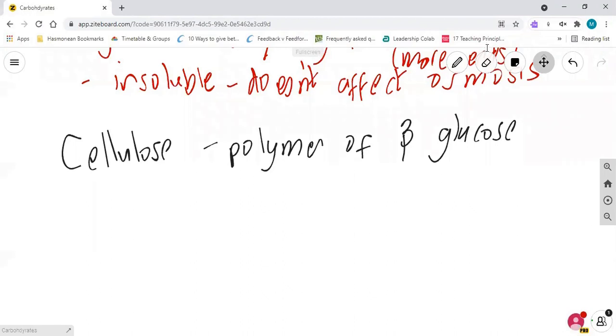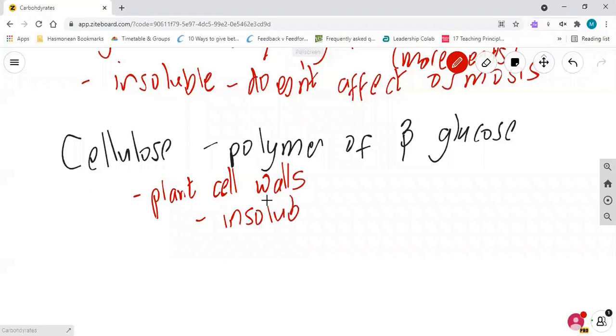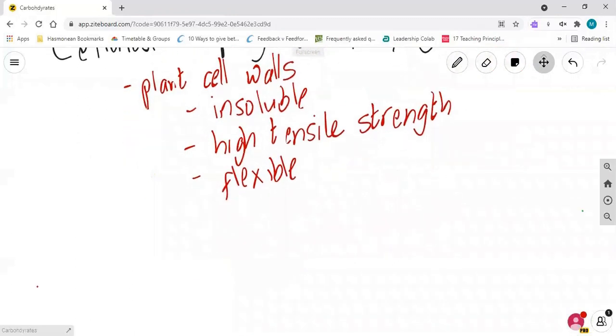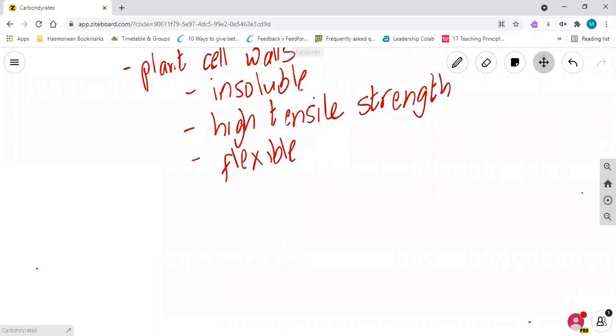We know that it's used in plant cell walls. And because it's used in plant cell walls, it must have certain features. It's insoluble, so it doesn't affect osmosis. It's got a high tensile strength. In other words, it is strong, but we're going to use more scientific words for that, high tensile strength, and it is flexible. So what we need to work out from that is how it has those functions.